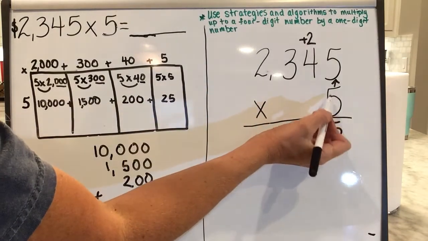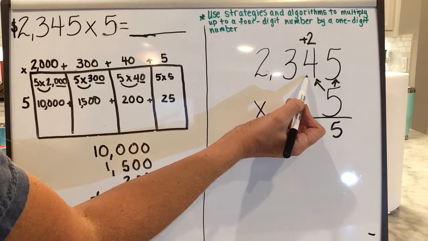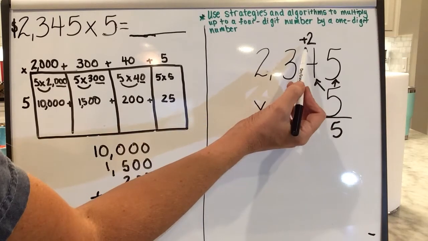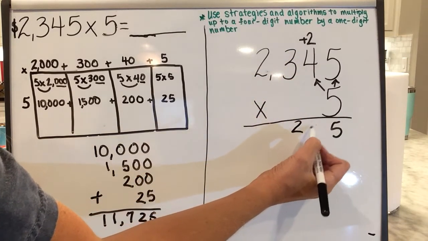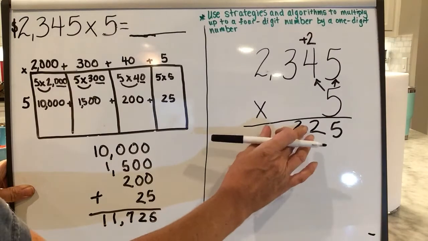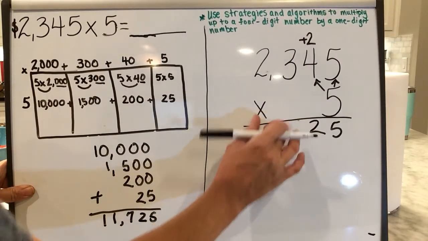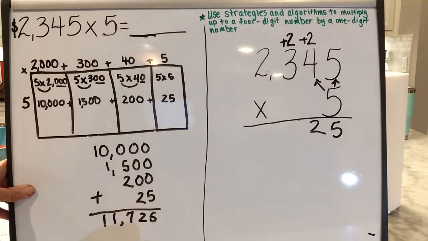So now I'm ready to go to this next column, and I'm going to say 5 times 4. I know that's 20, but before I add 20 down here, I'm going to add 2, which is 22. I can't put 22 here, so I need to regroup the 20 from 22, and I'm going to put the 2 up here.